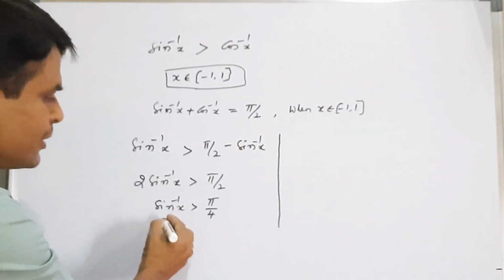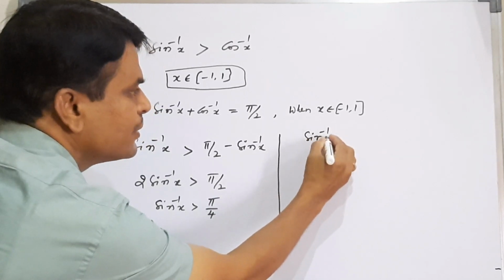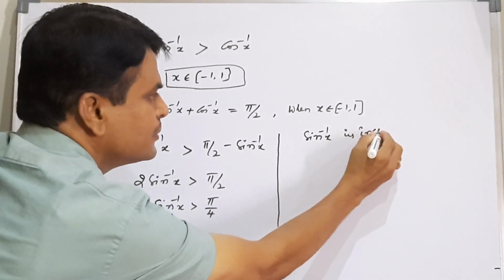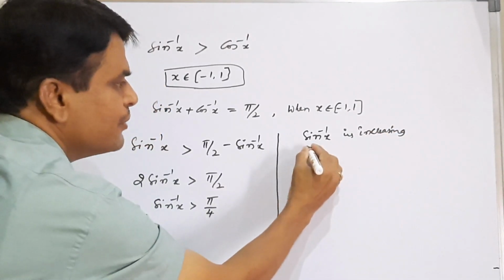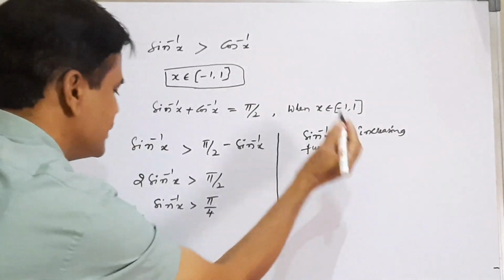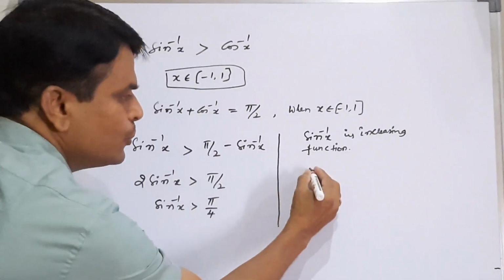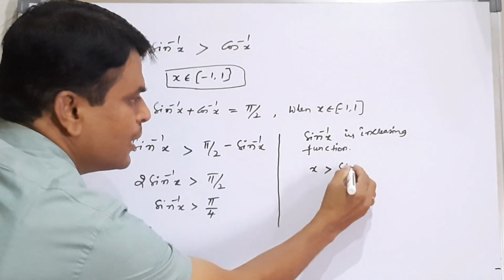Here sin inverse x is clearly an increasing function in the given interval. So the inequality does not change when I am writing the value of x. So directly I can conclude that x is greater than sine of pi by 4.